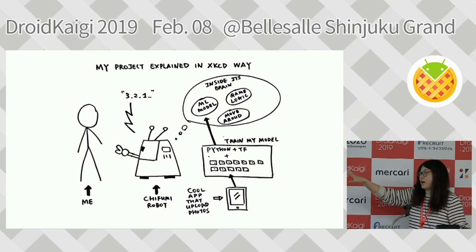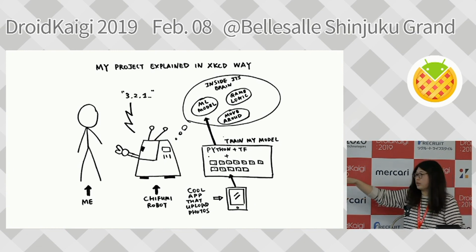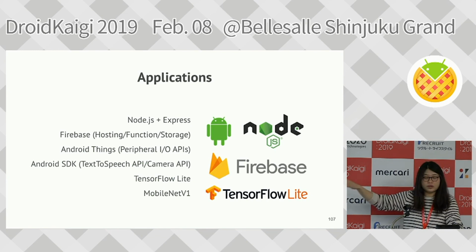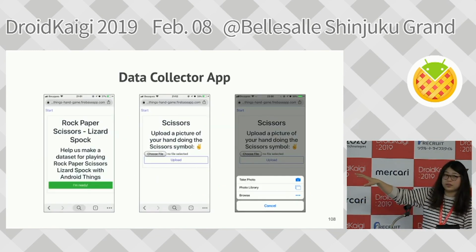So the idea behind the project was me playing with the robots, and the whole robots have the same principle you just saw. So they have a machine learning model running inside their brain. The application was really just built with all the tools I know. There's a small app I used to send to my friends and coworkers to collect a lot of images.